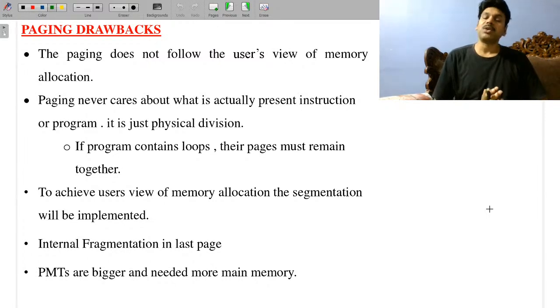There is a requirement of enhancement because a page is a fixed size, and paging suffers from internal fragmentation, especially in the last page. Why? I will show you this example so you understand.